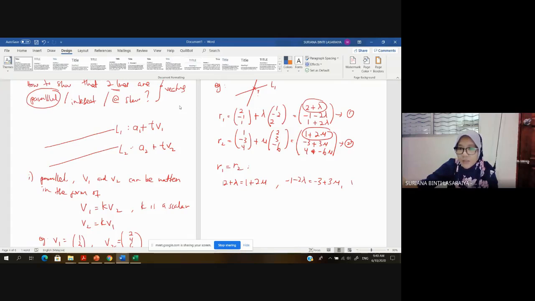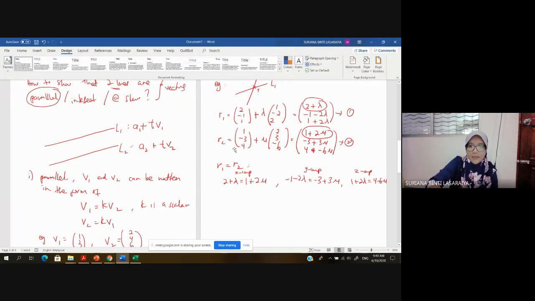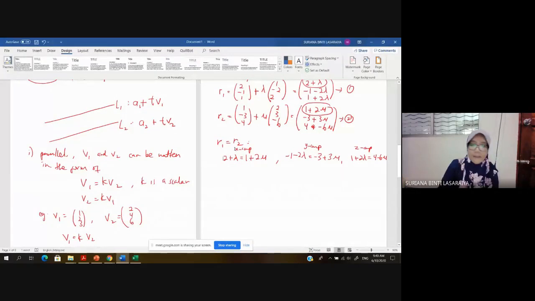And yang third is 1 plus 2 lambda equals to 4 minus 6 mu. Okay, so ini adalah x component. Ini adalah y component. This is z component. Boleh? Ada yang tertinggal? Belum lagi tertinggal. Oh, okay. Ya. So, lepas kamu comparekan x dengan y component, z component, so kamu solve yang x dengan y ni dulu to find mu and lambda.